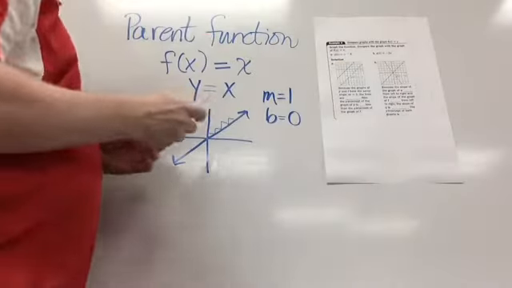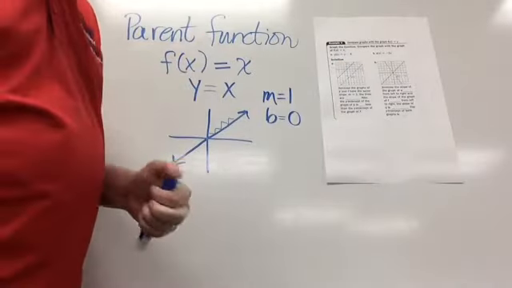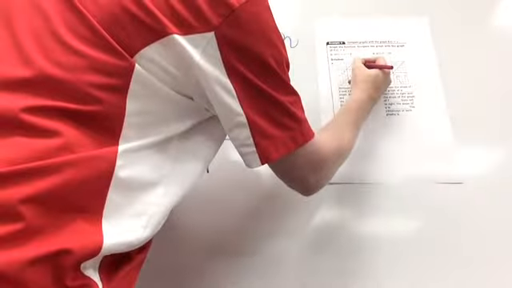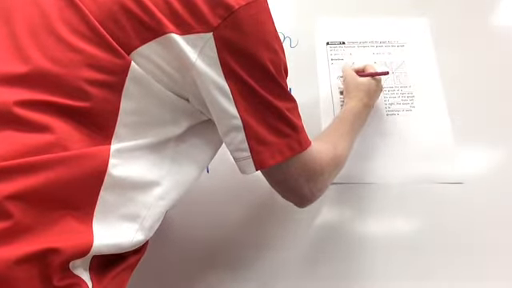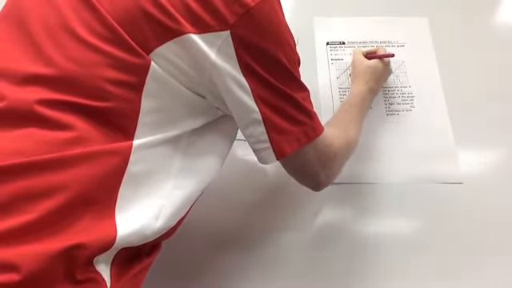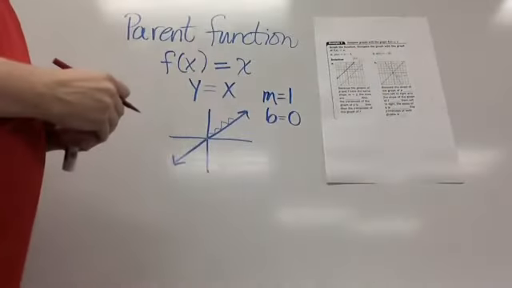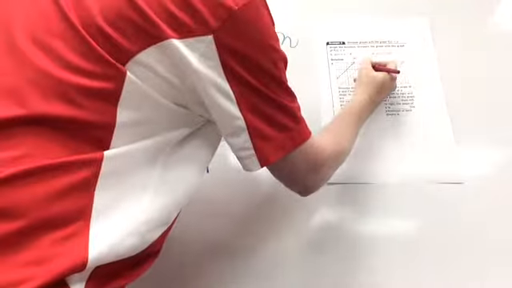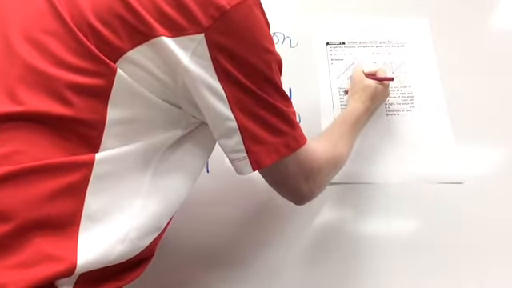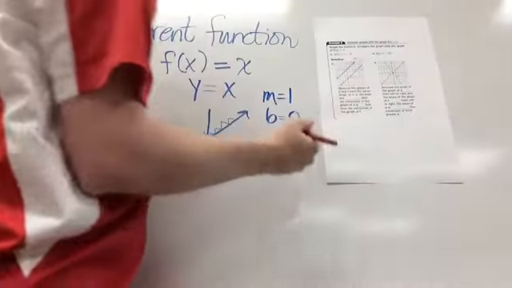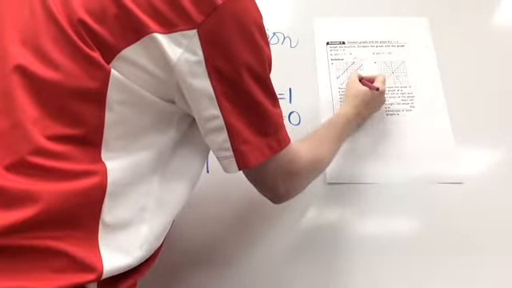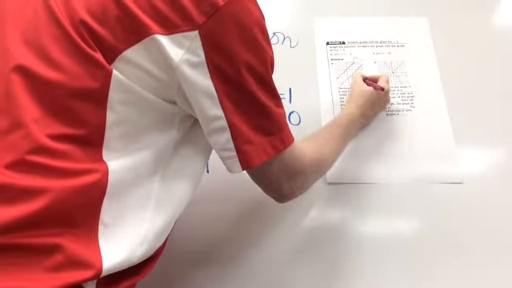If you'll notice, this line right here is my parent function. That's the parent. It's y equals x. Now we have another function down here that is a dashed line, and that equation is the p of x equals x minus 4.